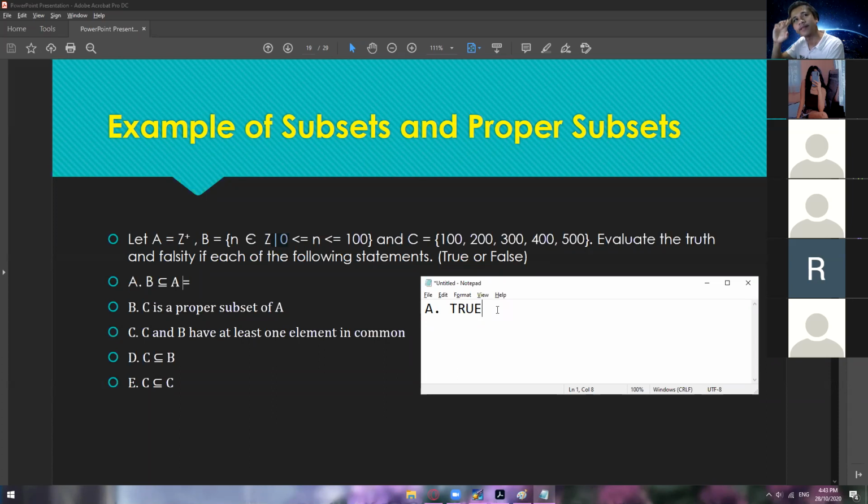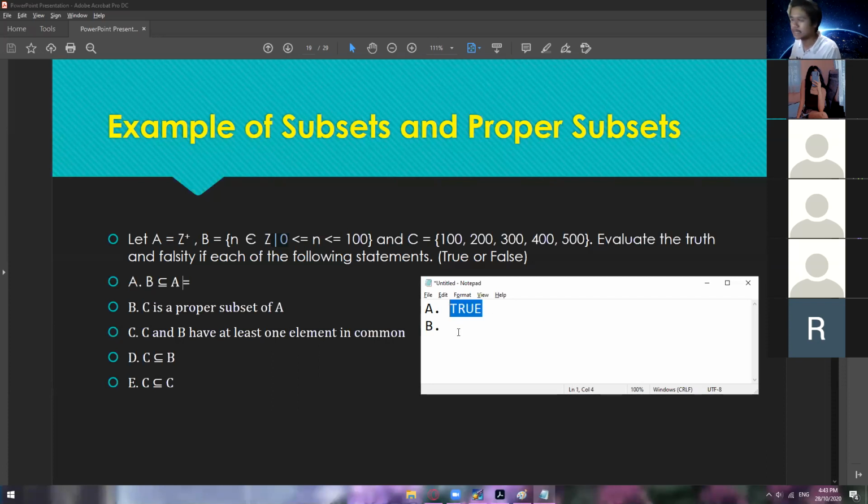Is there anyone who is against what Miss De Vera said, that 0 is part of positive integers? What are your opinions? Do you guys agree with her or no? Yes, sir, agree kami doon. Agree kayo. So 0 is part of positive integers. Okay, so for that one, our answer is true.